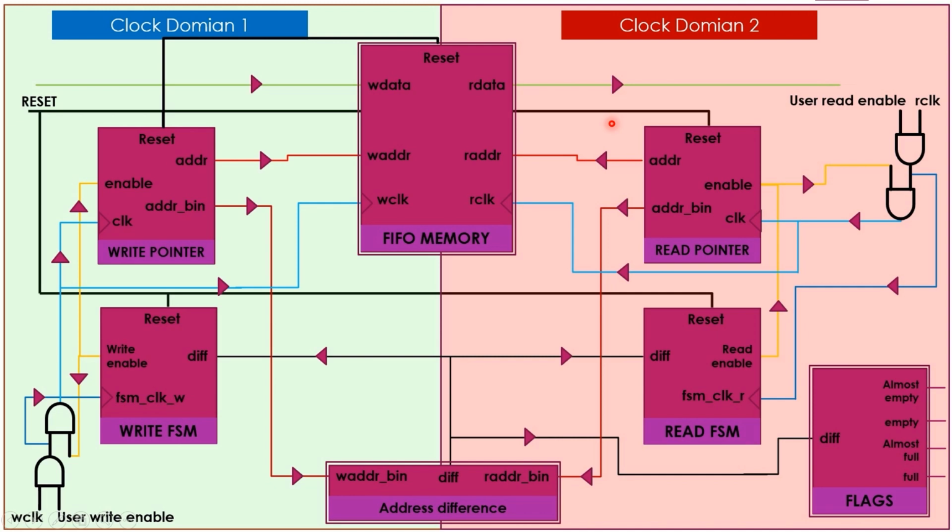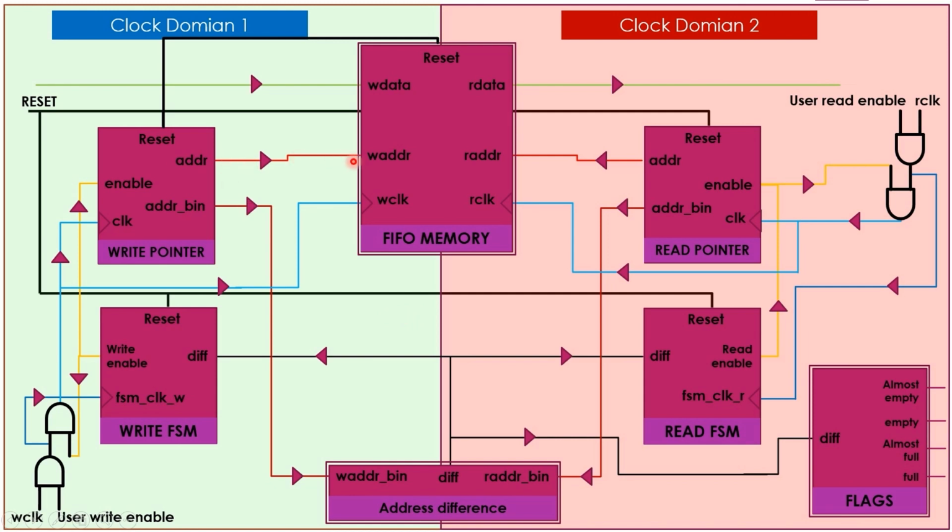Then, at each positive edge of the write clock, after the reset signal has gone high, a write data value is read and is stored into FIFO memory until the read clock positive edge occurs and transfers that value to the read clock domain. At each positive edge of the write clock, address pointer points to the next address where the value has to be written.